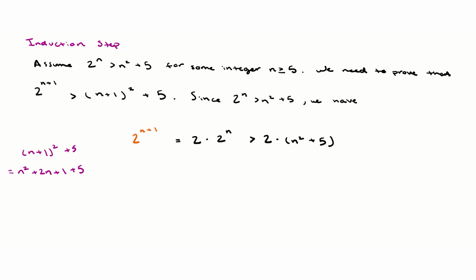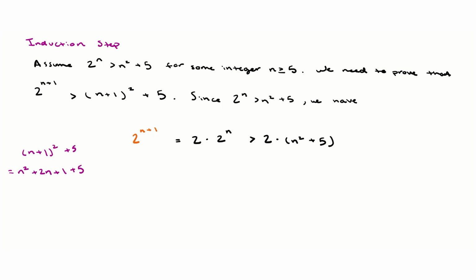So if we can prove that 2 raised to n plus 1 is greater than n squared plus 2n plus 1 plus 5, we can conclude that 2 raised to n plus 1 is greater than n plus 1 squared plus 5. Proving a claim with induction is not easy because it takes a certain level of foresight for sure, but that's what we're going to try to do here.